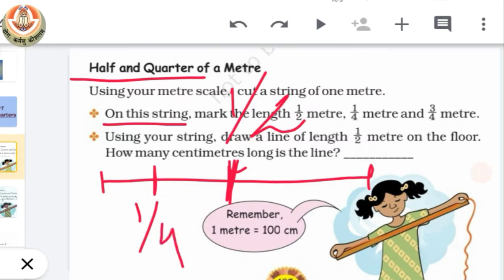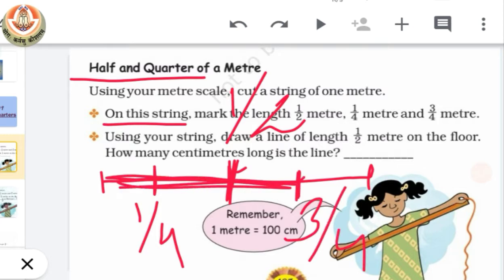Okay, and it is your half, and it is also your half. Now for 3/4, if you mark here 3/4, that means this portion is your 3/4, not this one. Okay, this is your 1/4 portion.